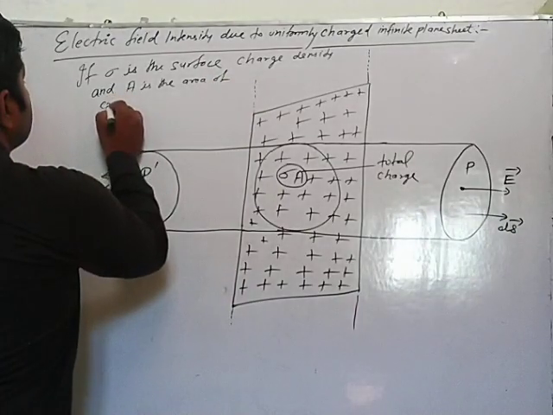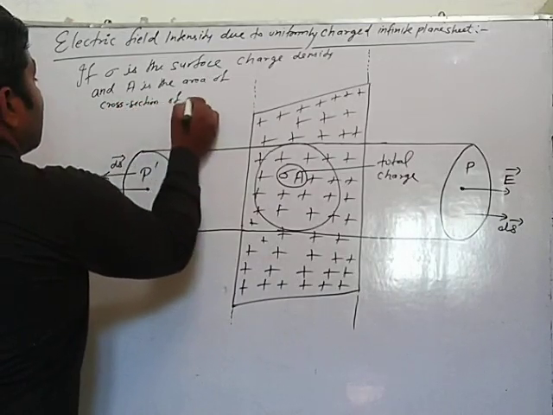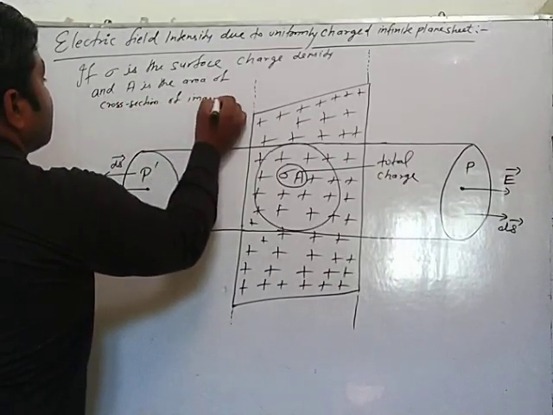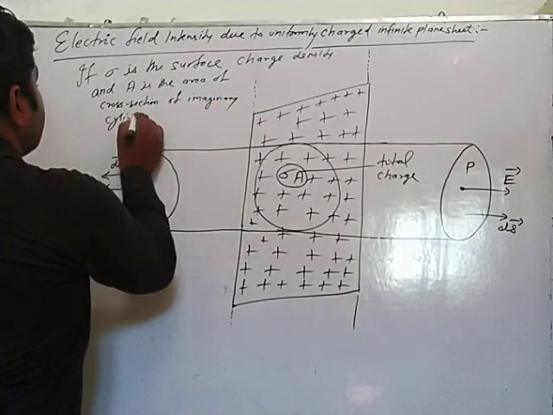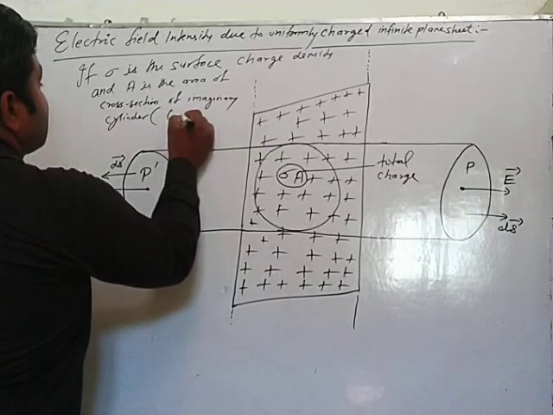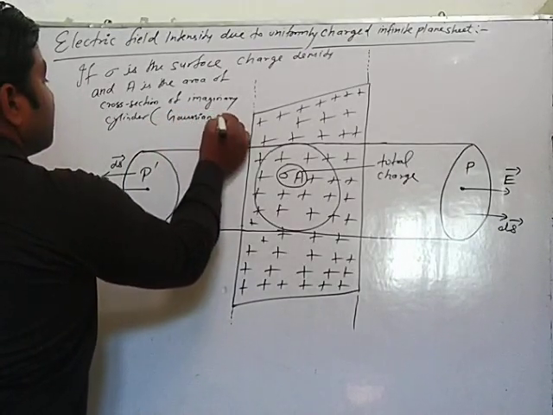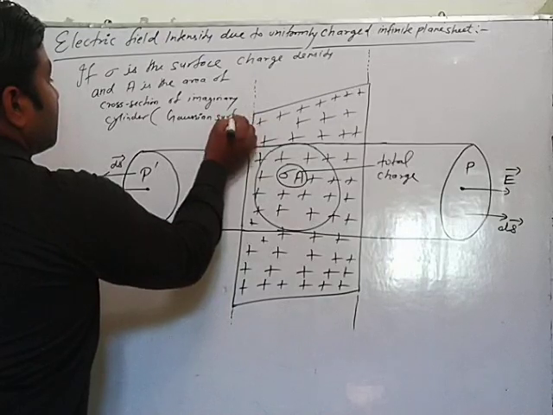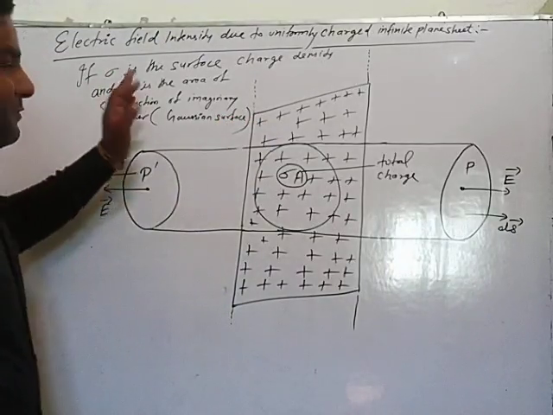This imaginary cylinder means what? That is the Gaussian surface. Then by assuming this charge sigma A, we have to calculate.